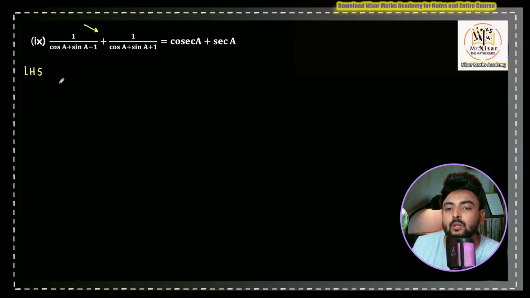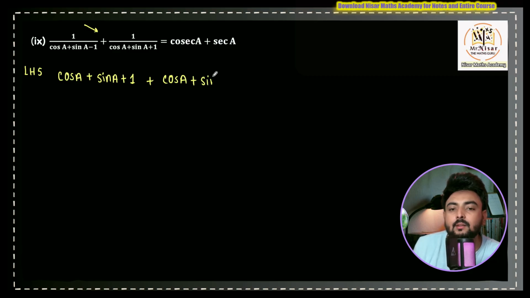1 into (cos A plus sin A plus 1), that will be cos A plus sin A plus 1, plus 1 into (cos A plus sin A minus 1), it will be cos A plus sin A minus 1, upon the denominator.